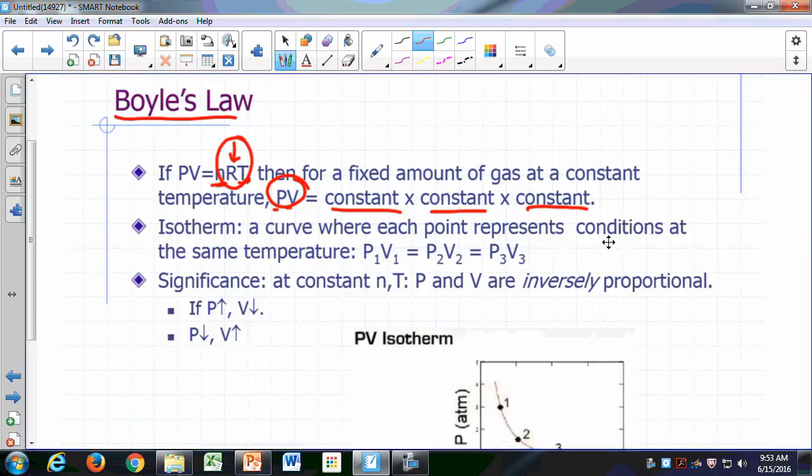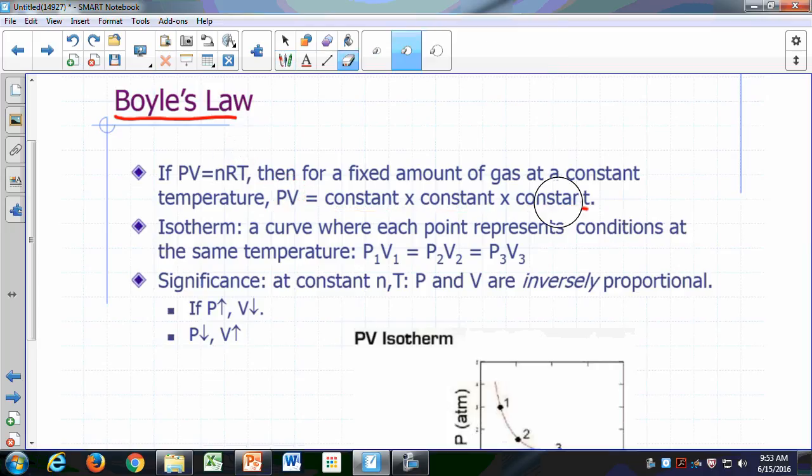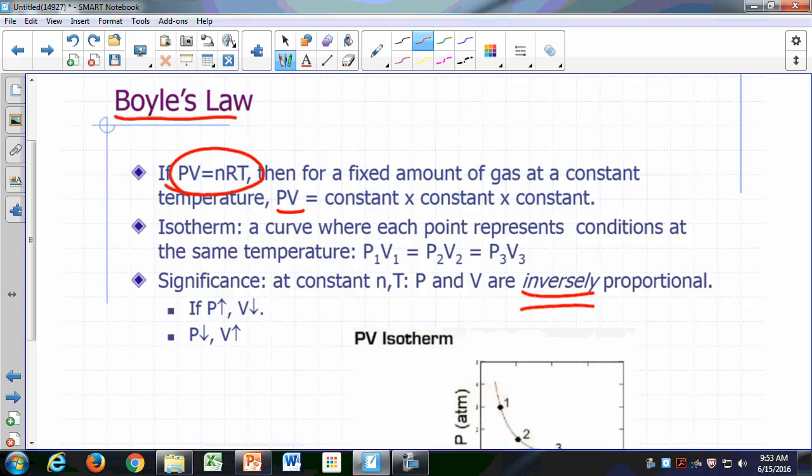Whenever the product of two things is a constant, then you say those two things are inversely proportional. Boyle's law stated this based on experimental observations, and his work is now incorporated into this ideal gas equation.